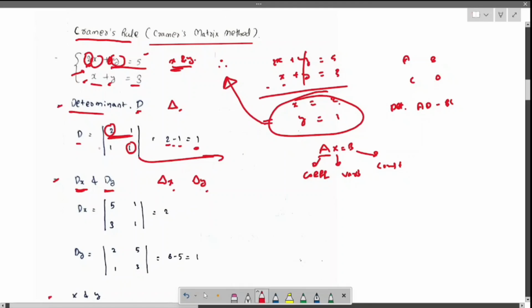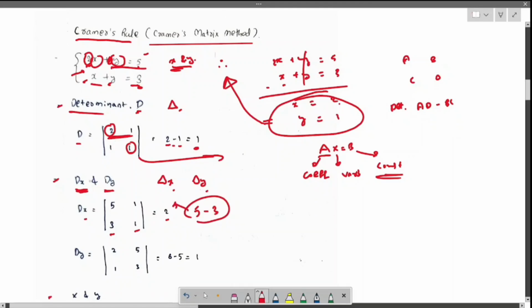In Dx, in the position of the x coefficients, instead of 2 1, we are replacing with the constants 5 and 3, and 1 and 1 stay. Finding the determinant Dx, you get 5 into 1 minus 1 into 3, which is 5 minus 3, which is 2.